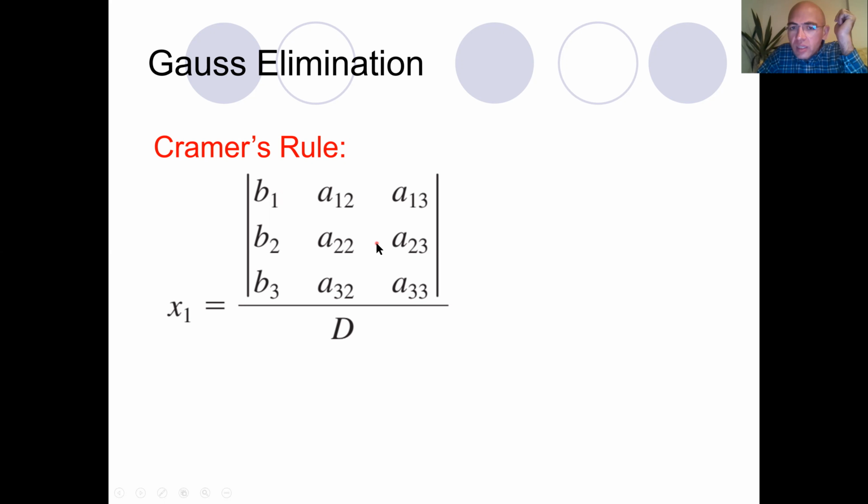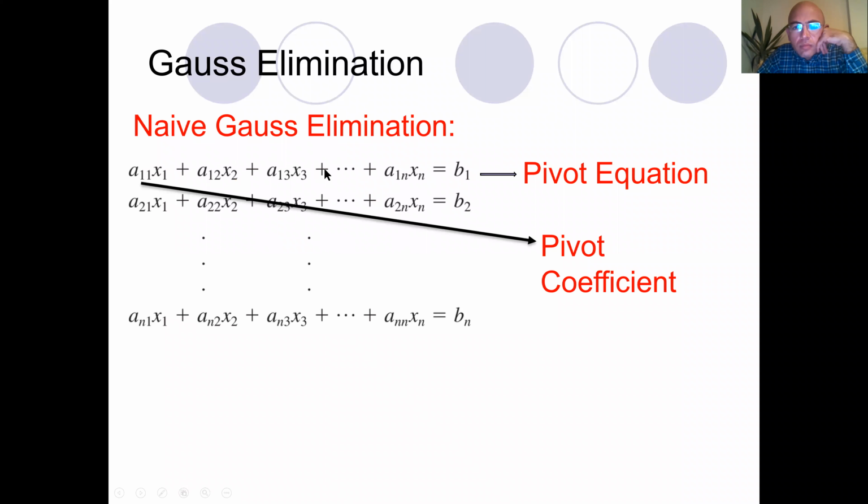So you calculate the determinant of this matrix, and then you divide it with the determinant of the original matrix of coefficients. This is what we call Cramer's rule. Okay, so this Cramer's rule is the second technique that can be used in finding the coefficients.